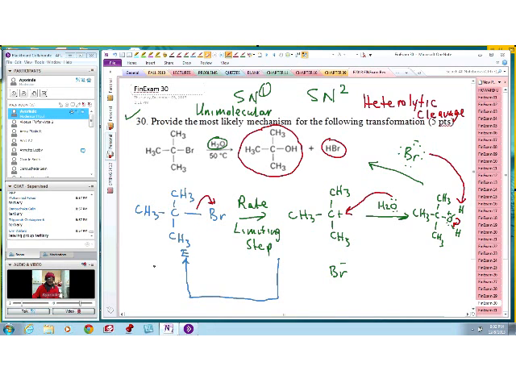This is energy here, the reaction energy profile. And this will be the reaction progress.